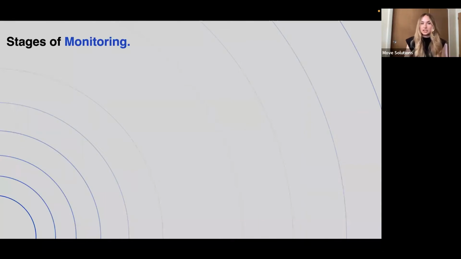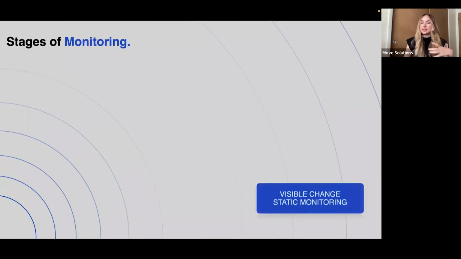I always like to show this. Some of you may have seen it before, but it's a really good way to understand the difference between static and dynamic monitoring, because it's hard to understand the value in our system if you don't understand that difference. I always like to use the example of a car. If you're driving and your car alerts you that there's a dent in the side of it, that would be a static change.